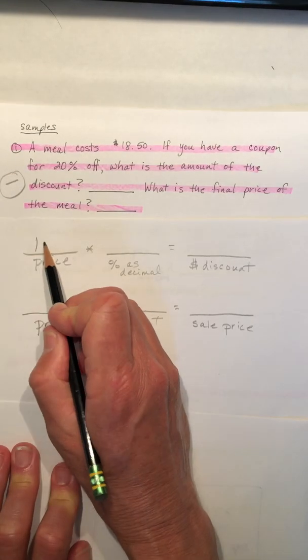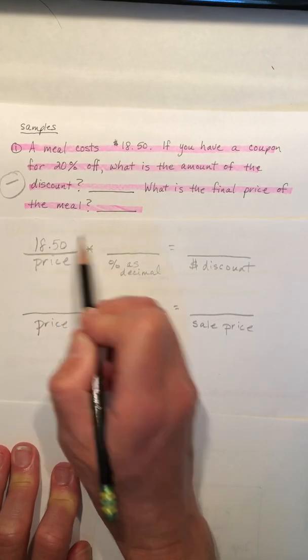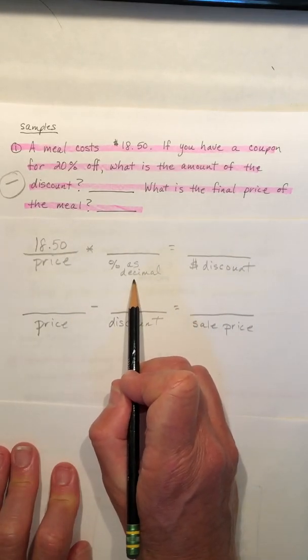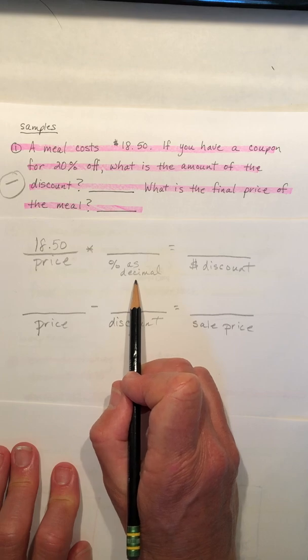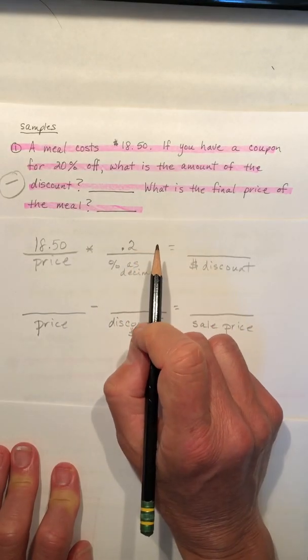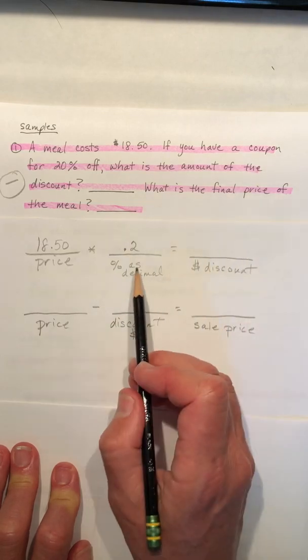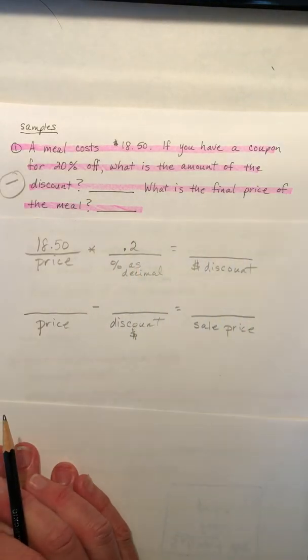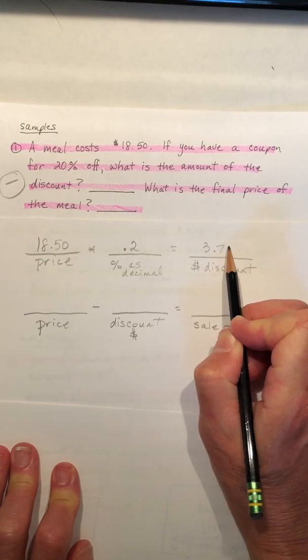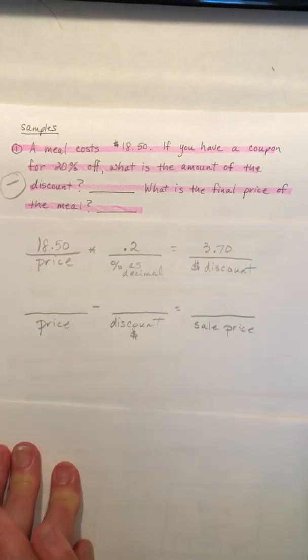So I'm going to put my $18.50 in for the price times my percent as a decimal. 20% divided by 100 is 0.2. 20% of $18.50 is $3.70. That's the amount I don't pay.